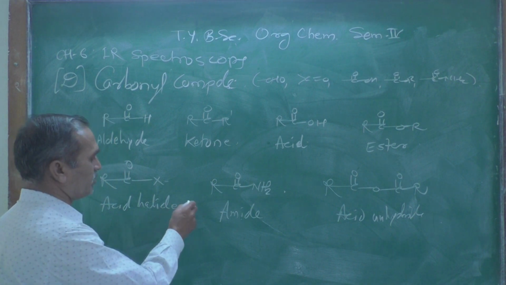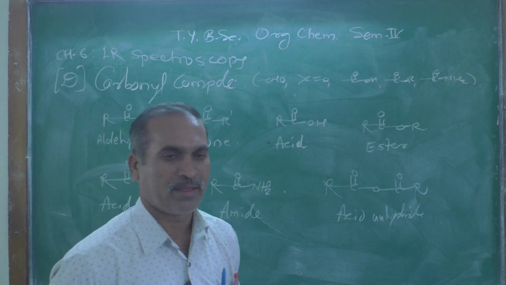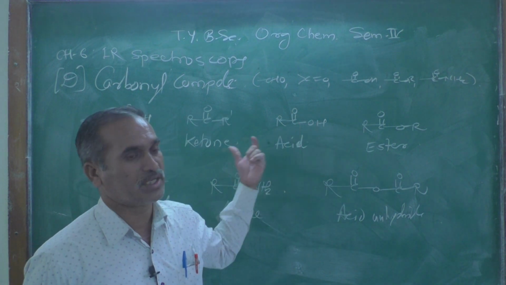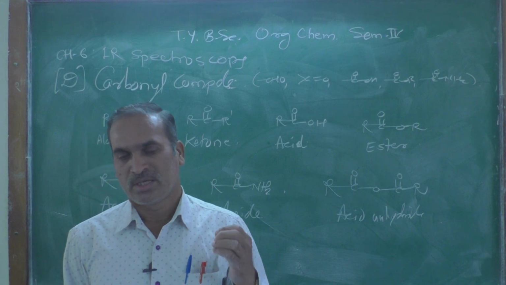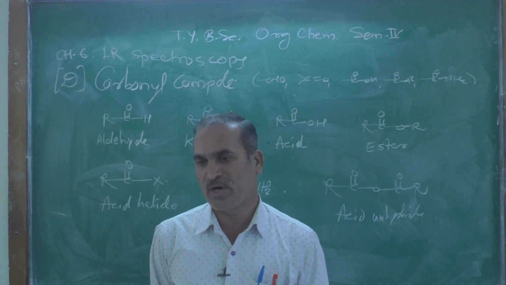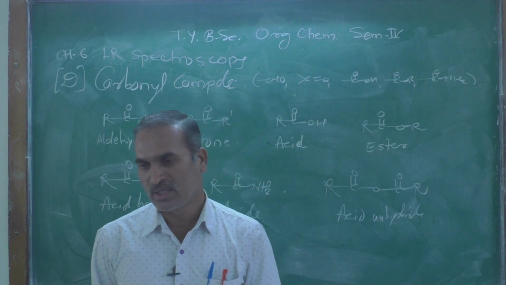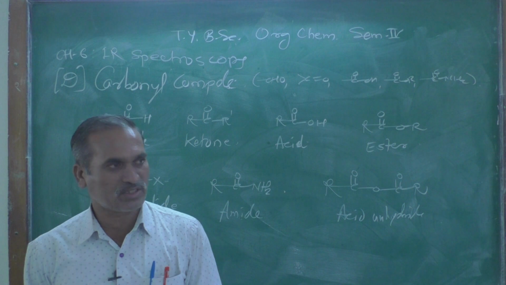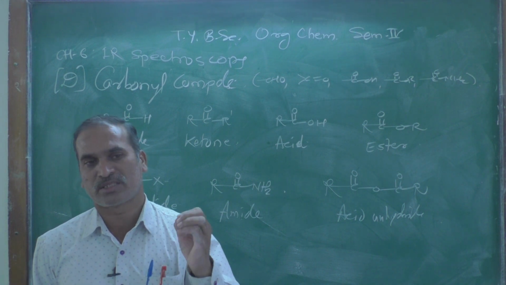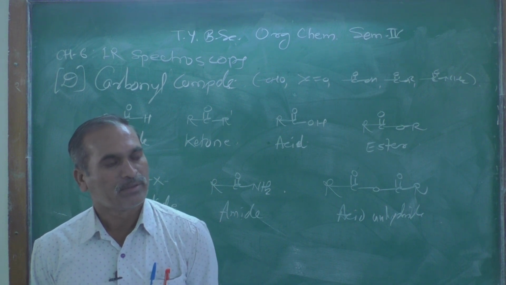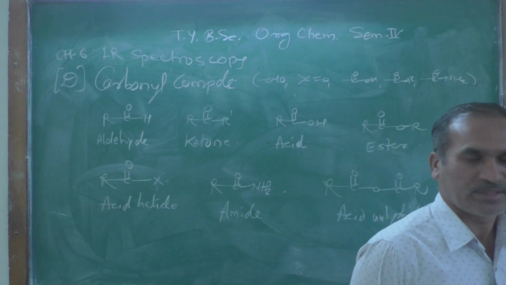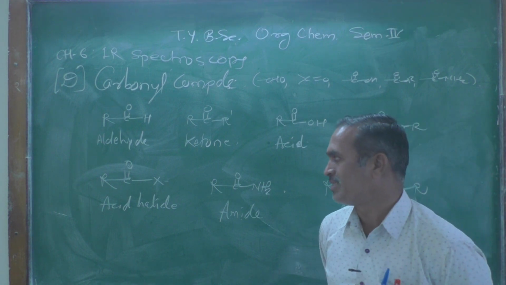Acid halide is also one of the derivatives of acid. If acid is treated with thionyl chloride SOCl2, or phosphorus trichloride PCl3, or phosphorus pentachloride PCl5, these are some of the reagents, from that we can get the acid halide.